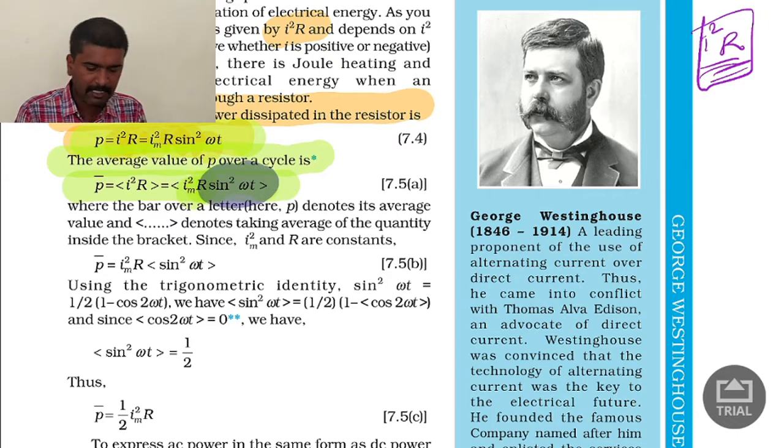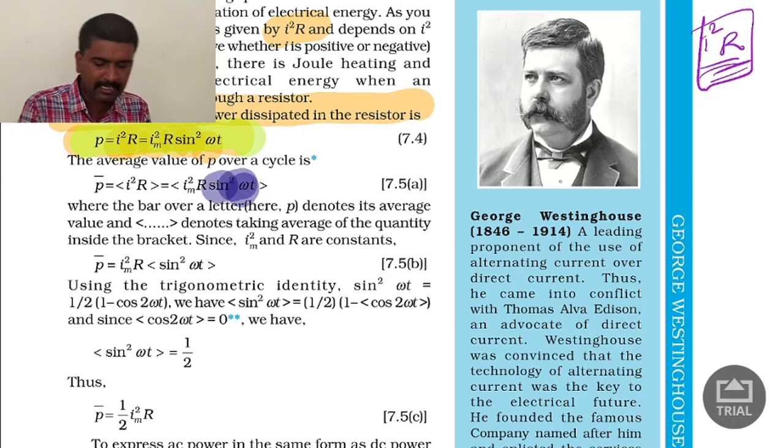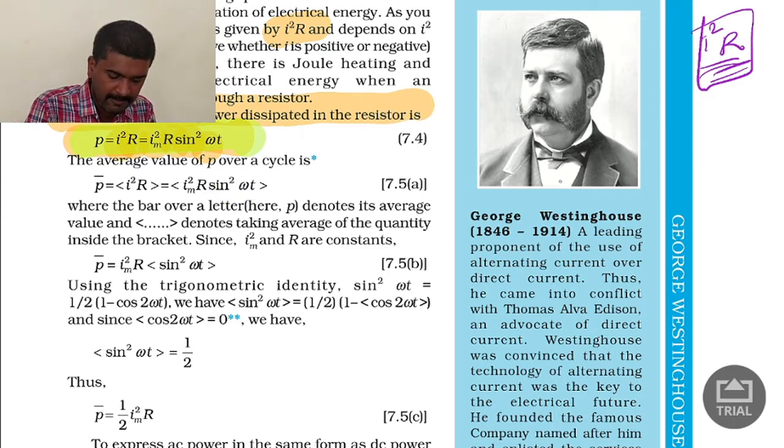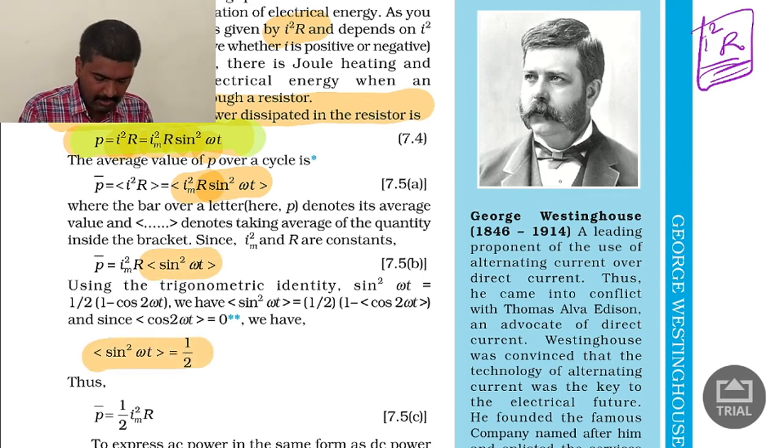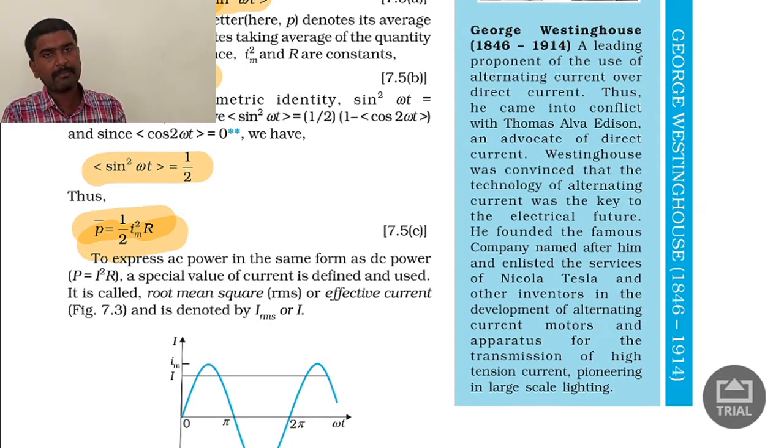The average of sin square omega t is 1 by 2. Then the average power dissipation is 1 by 2 Im square R.